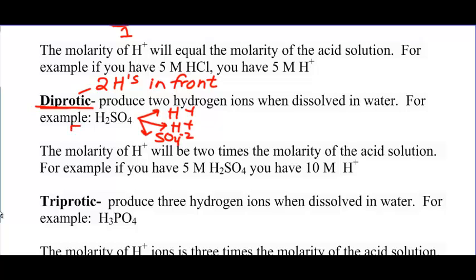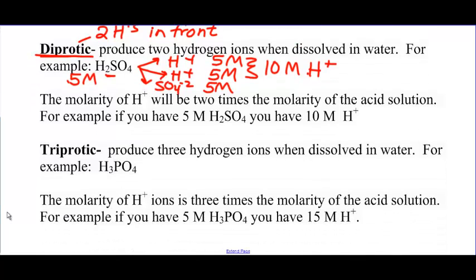So if we started with 5 molar H2SO4, that would produce 5 molar H+ here, 5 molar H+ here, and 5 molar SO4 minus 2 there. So that would actually give you a concentration of hydrogen ions of 10 molar, okay? So really your molarity of hydrogen ions is your molarity of the compound times the subscript on hydrogen.